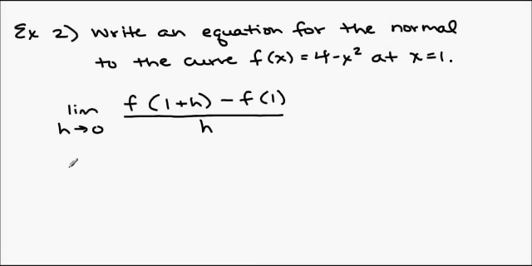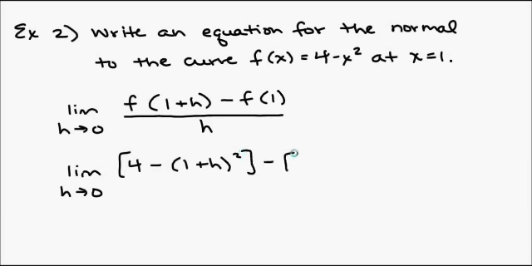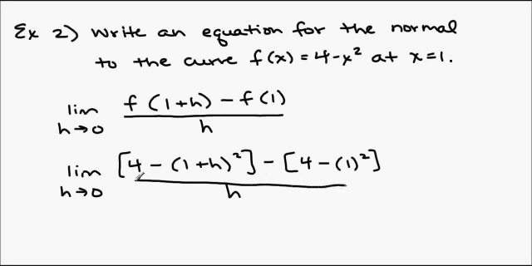And our function is 4 minus x squared, so 4 minus 1 plus h squared minus 4 minus 1 squared over h. Okie doke.